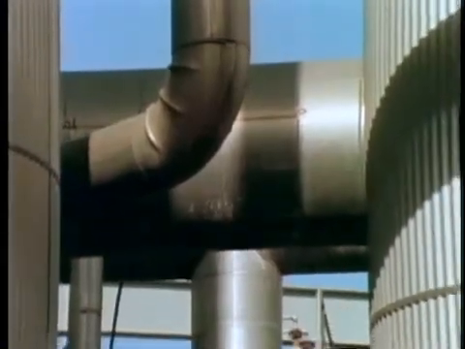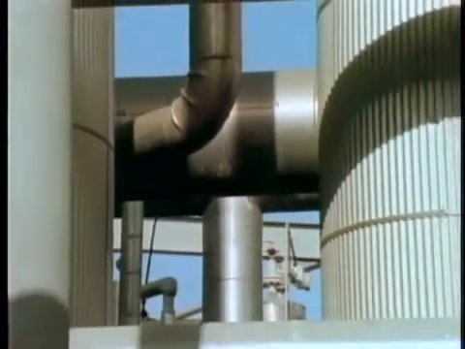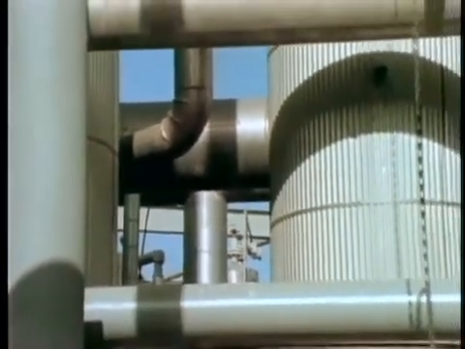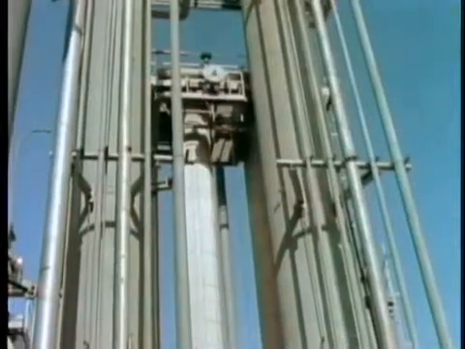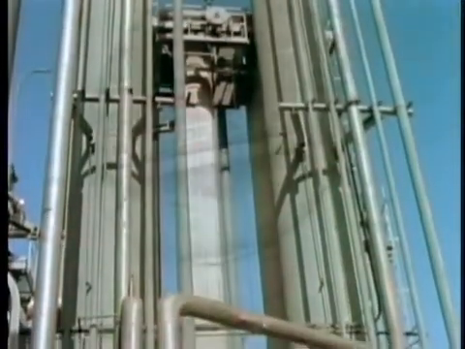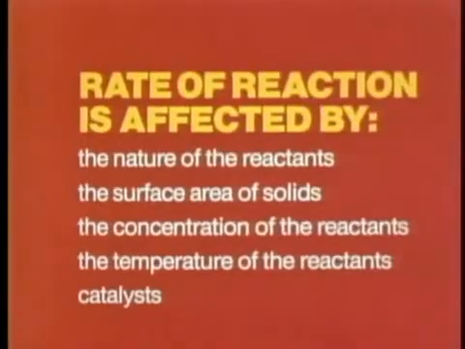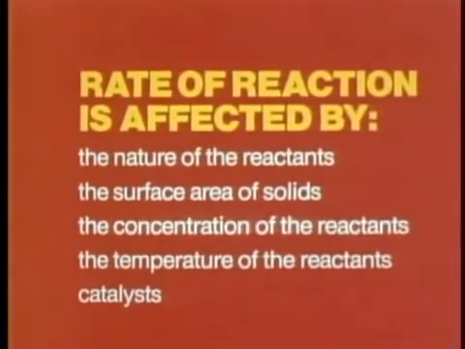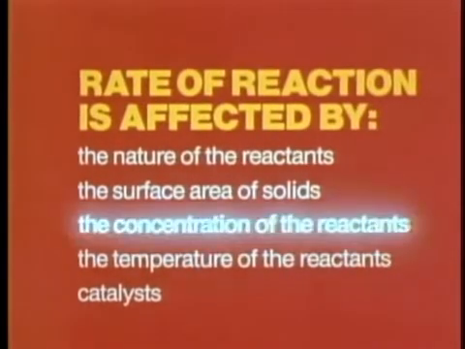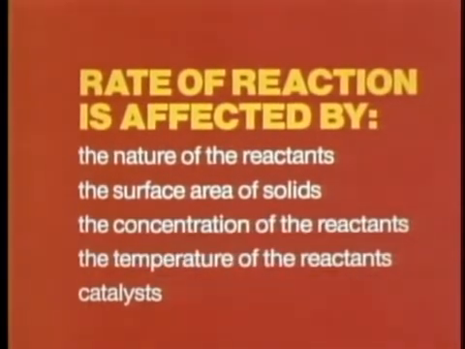Hydrogen gas and nitrogen gas are piped into the system toward a main reaction chamber. Here, the Haber process increases concentration by greatly compressing the gases. As the gas's concentration increases, the reaction grows more productive. The Haber process also uses increased temperature.